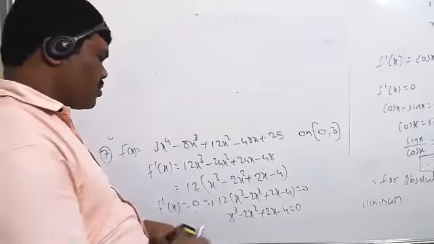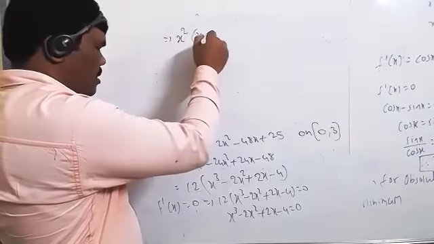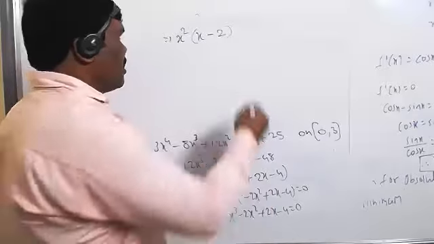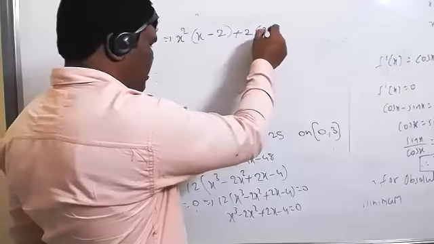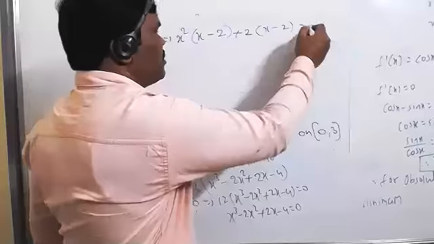From the first two terms, x square is common, then the remaining is x minus 2, and from the next two terms plus 2 is common, so we get x minus 2 again, equal to 0.